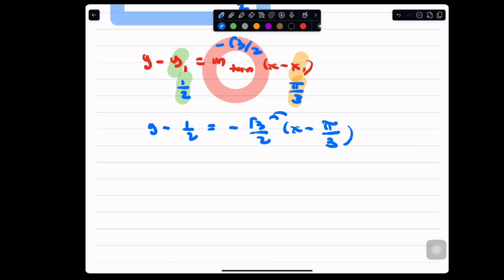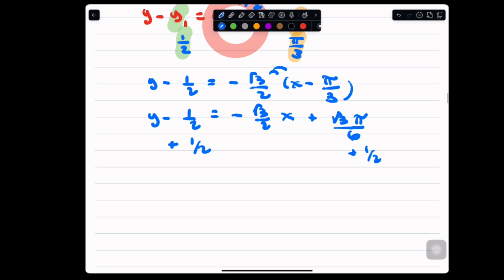So distribute now. And that's plus the square root of 3 pi over 6, it looks like. Is that right? And then add 1/2 to both sides. So this is the equation of the line. It's negative square root of 3 over 2 x plus square root of 3 pi over 6 plus 1/2.